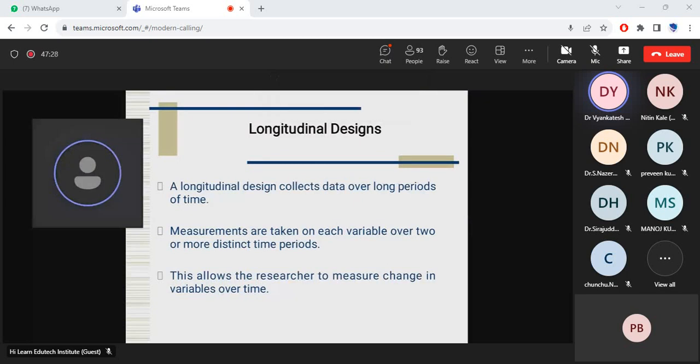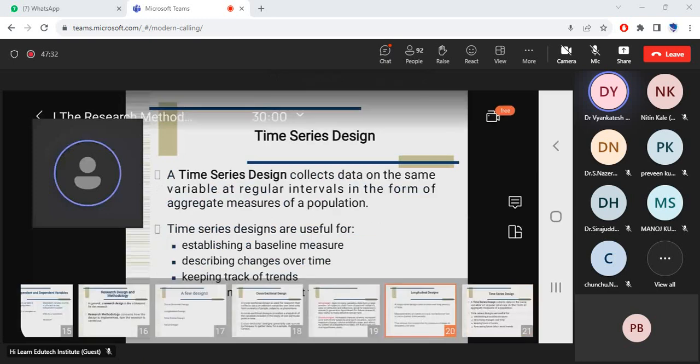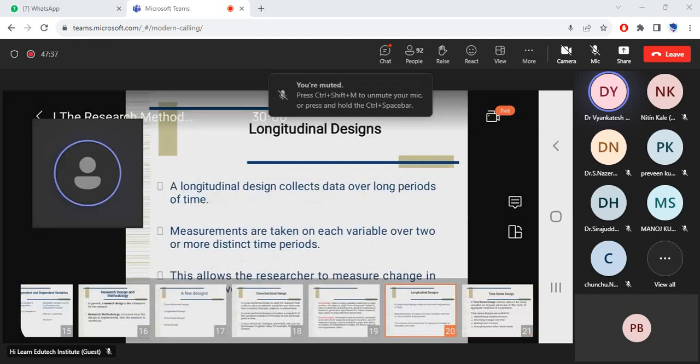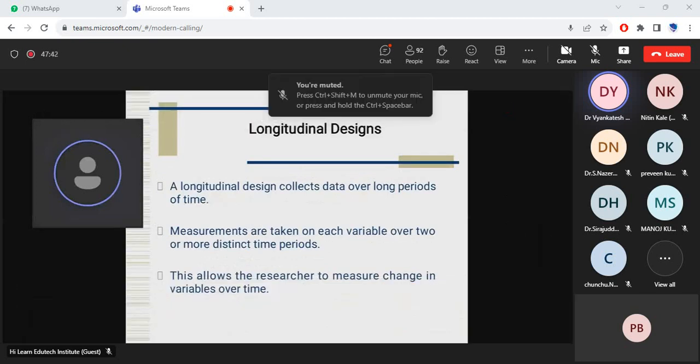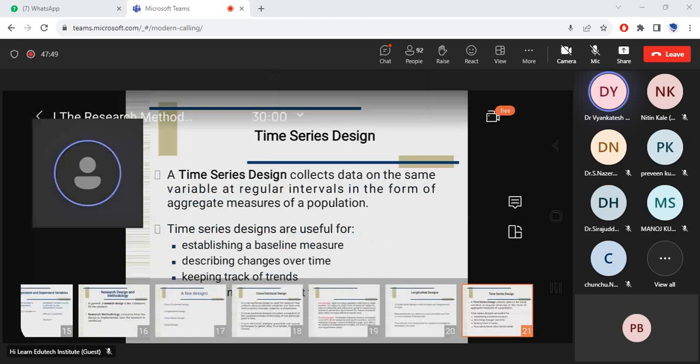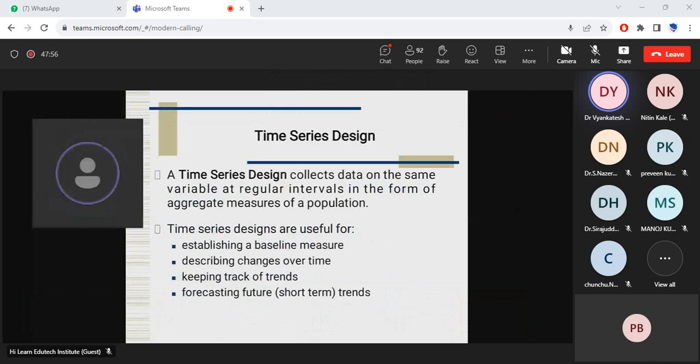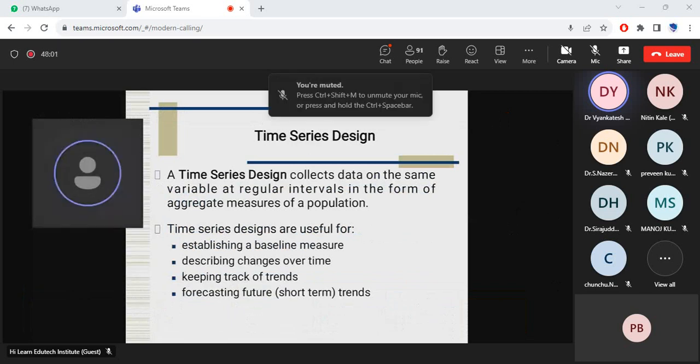Compared to the advantages, we have greater disadvantages, because it is easy to show in graphs, easy to interpret, and forecast short period trends. So these are some disadvantages of the time series design.